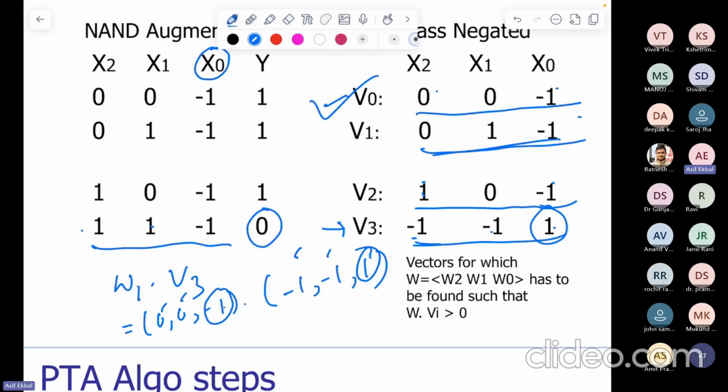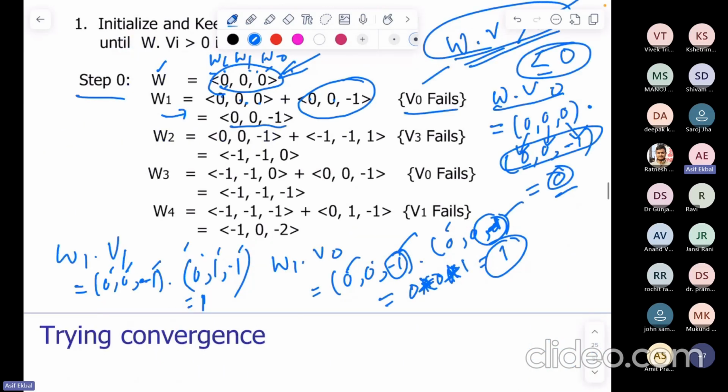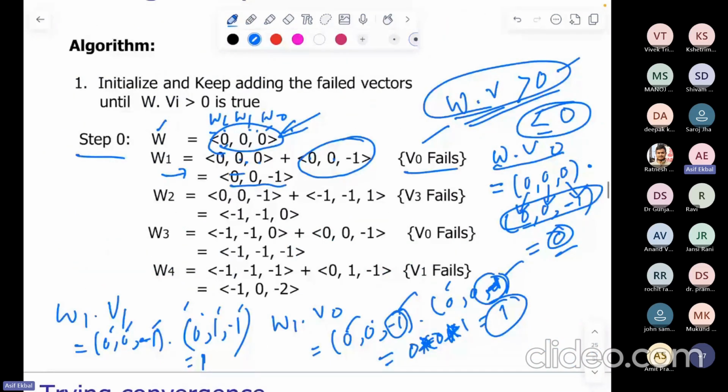But -1 into 1, this will be -1, right? And this -1 means less than 0. So it is failing. So this weight combination is failing for the V3 vector. Okay. So you have to again update.